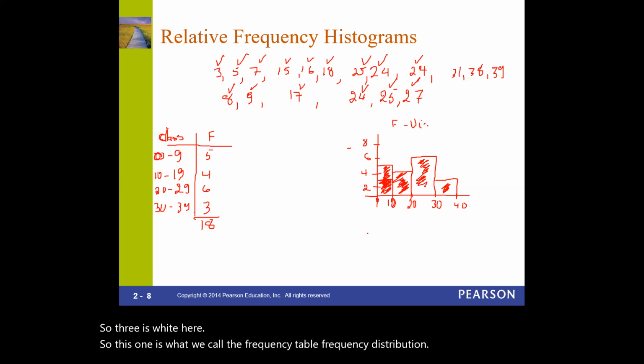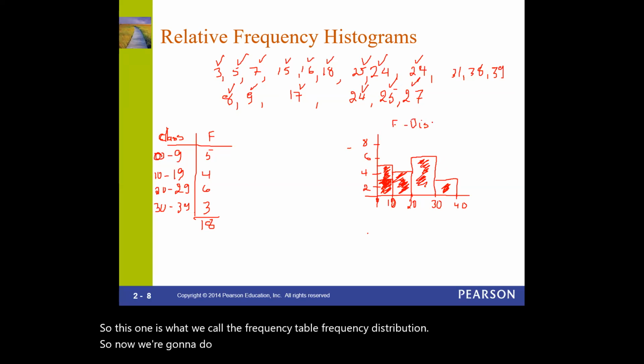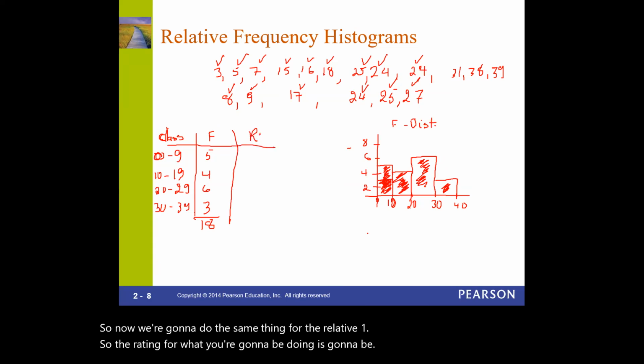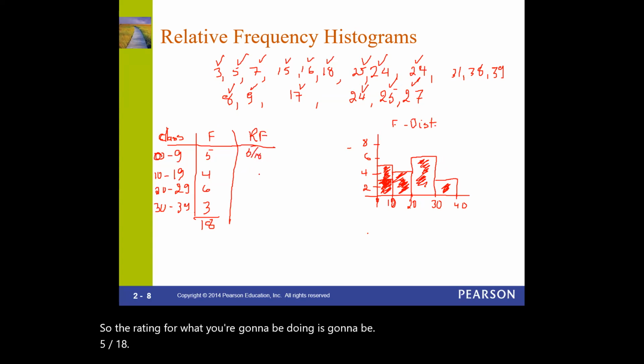Now we're going to do the same thing for the relative frequency. What you're going to be doing is 5 divided by 18, and then so on: 4 divided by 18, 6 divided by 18, just like we said earlier.